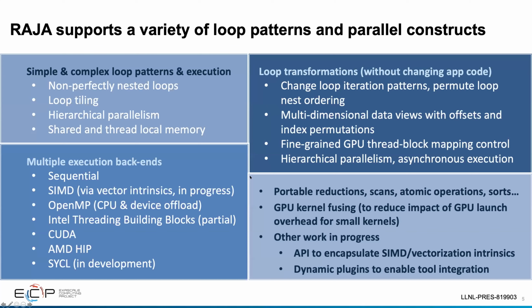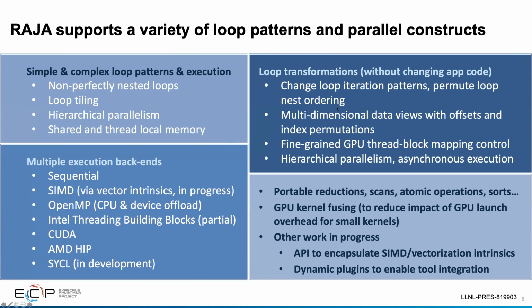So starting with RAJA, RAJA is a collection of abstractions for loop level patterns and parallel constructs. There's support for simple and complex loop patterns and executions. There's support for multiple backends, for example, sequential, OpenMP, CUDA, HIP. And through RAJA, there's capabilities to do loop transformations without changing the application code.